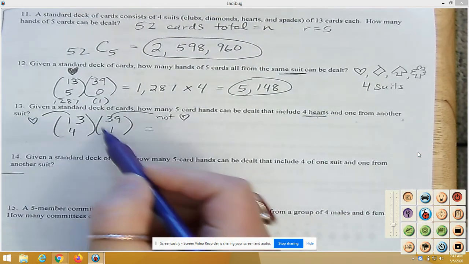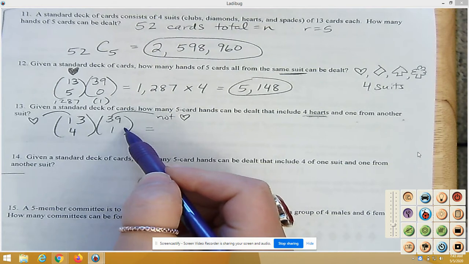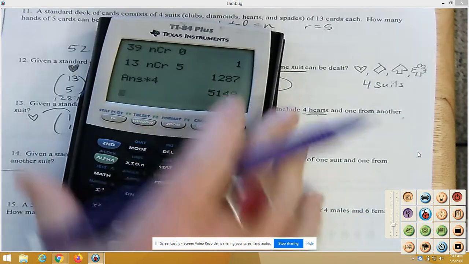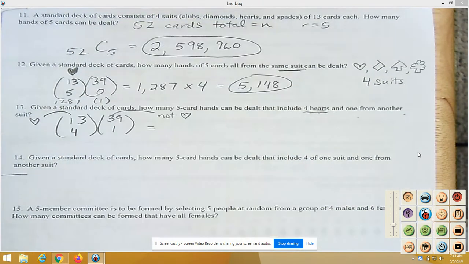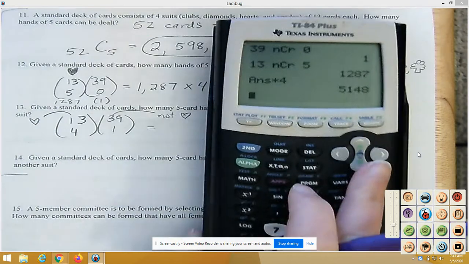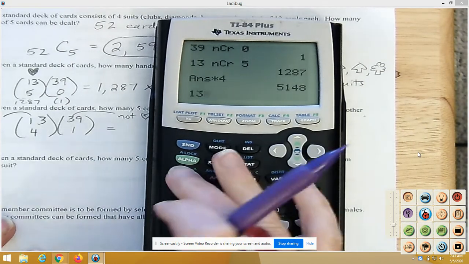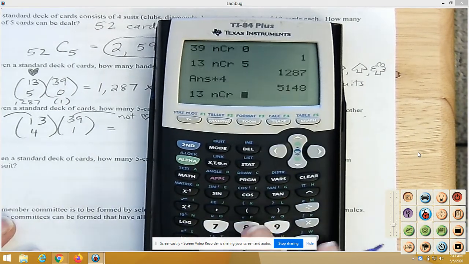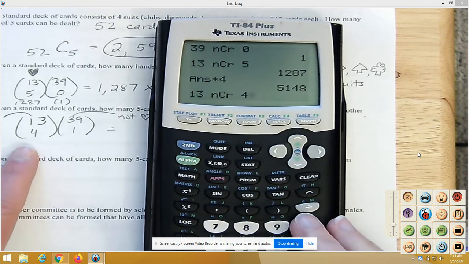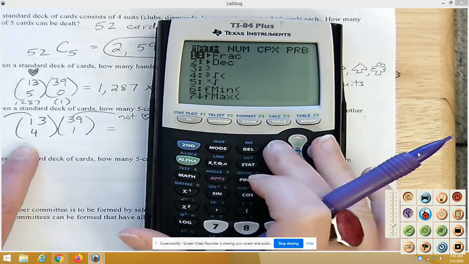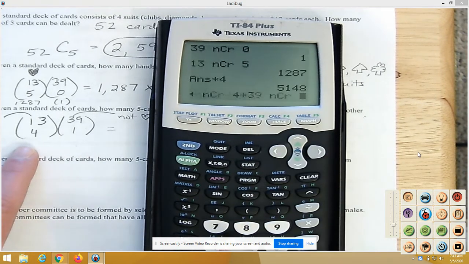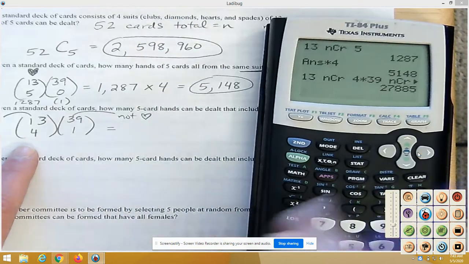It would be great if you could recognize that 39 choose 1 is 39. It would save you a little bit of time. Otherwise, you can just do 13 choose 4 times 39 choose 1. I just feel like that's kind of tricky to do.